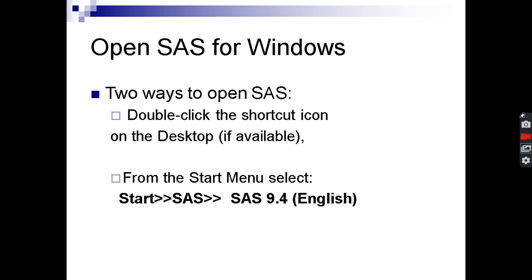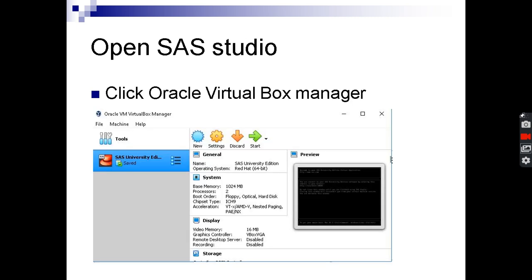You can double click the shortcut icon on the desktop if you have SAS installed on your computer, or in your start menu you can select SAS 9.4 or whatever version and click it.